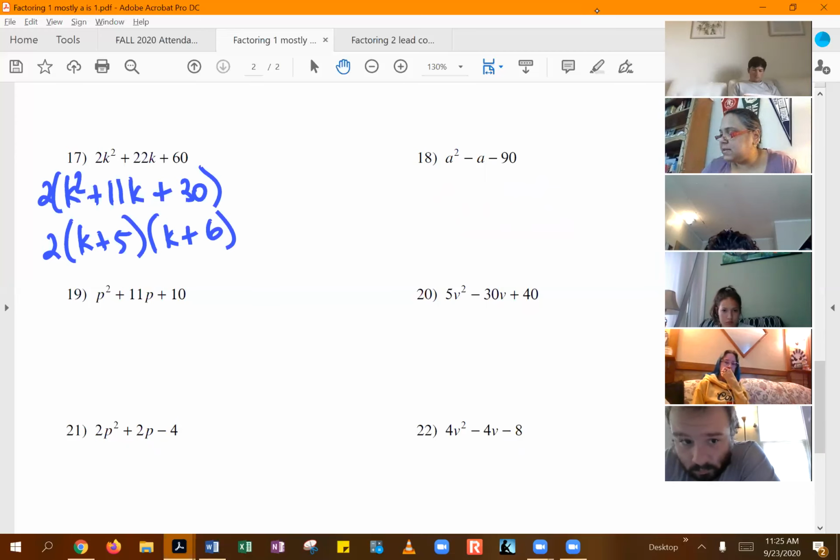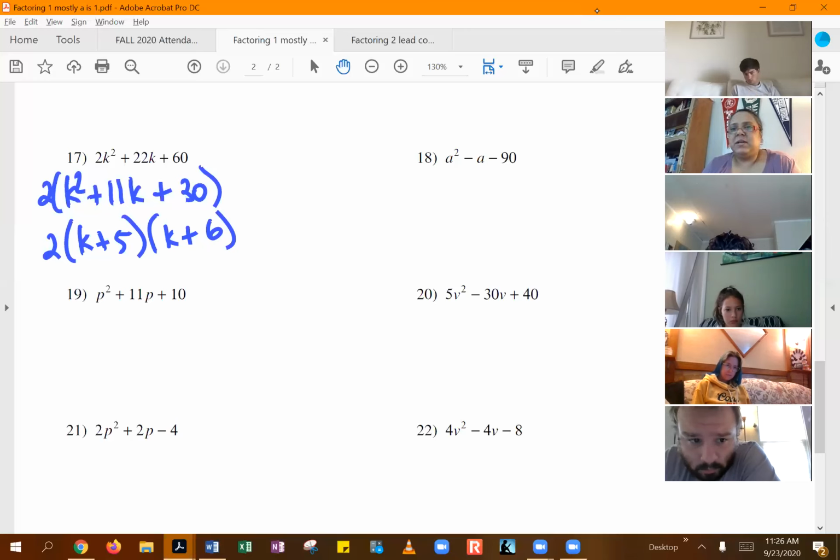Did everybody in room 2 have that answer? Did anybody have a different answer? I did. I just put the 2 in with the k plus 5, so I had 2k plus 10 and then k plus 6. Oh, so you did not bring the 2 out, Katie?